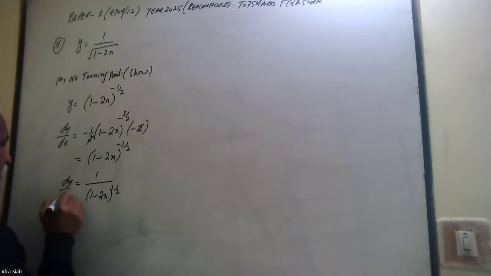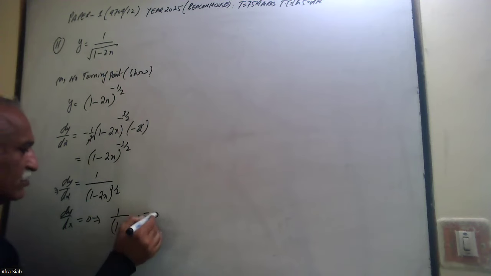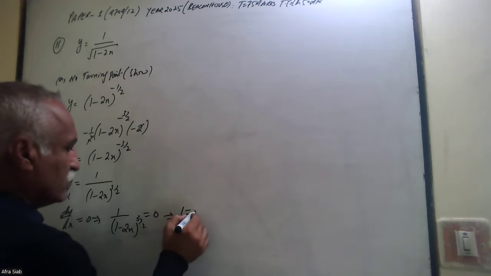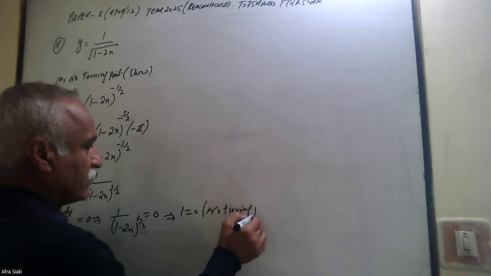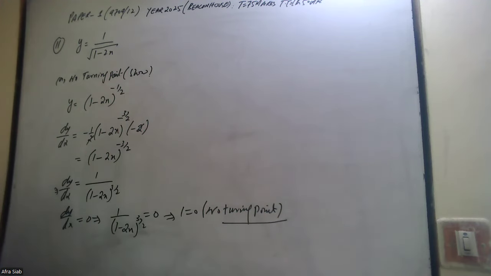That is dy by dx, which shows the slope or the turning point of that curve. But when this dy by dx is equal to 0, this means 1 over 1 minus 2x power 3 by 2 is equal to 0. This means there is no turning point of this curve. This is the first part we had to show.